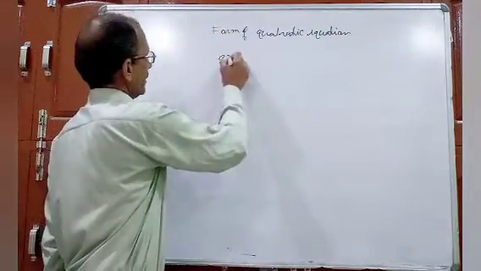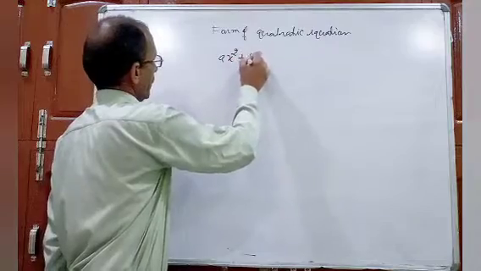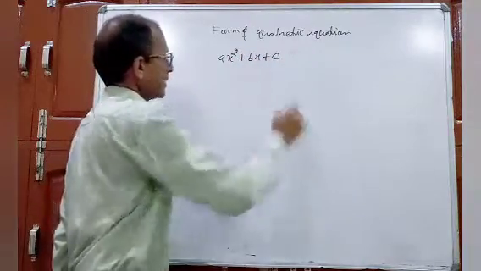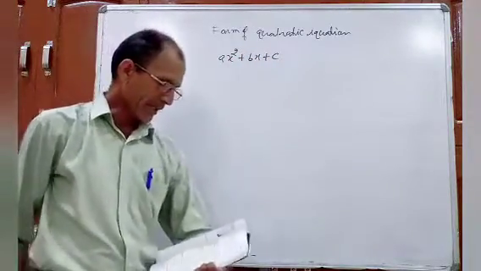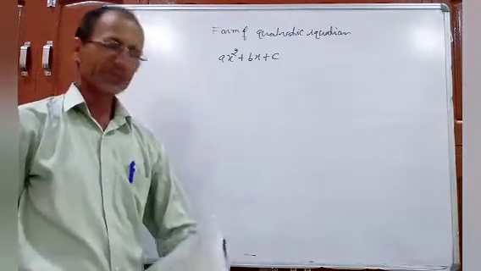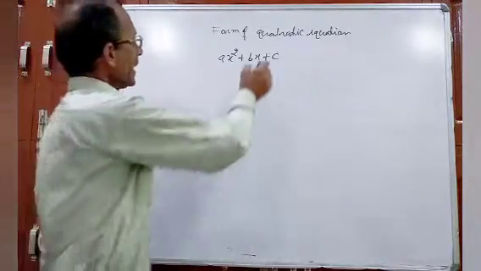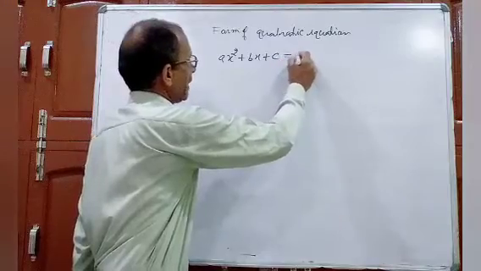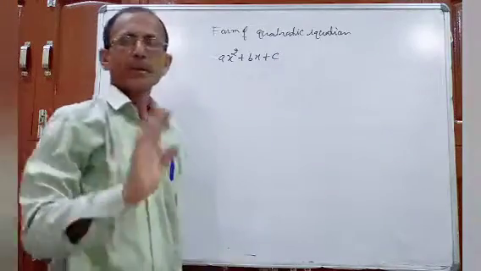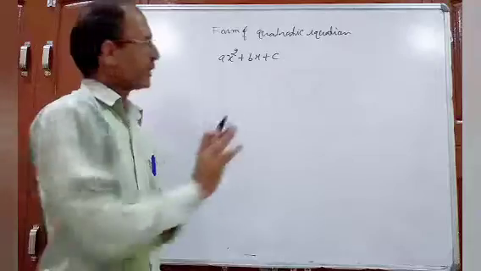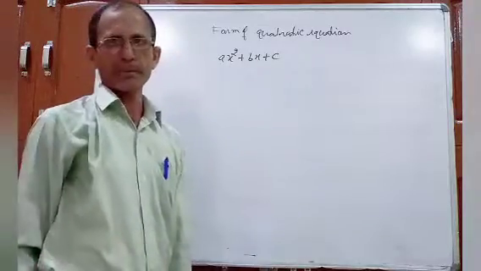So the form of a quadratic equation is ax square plus bx plus c. This is a quadratic equation when it is equal to 0 or something. But if it is not given, then it is an algebraic expression.